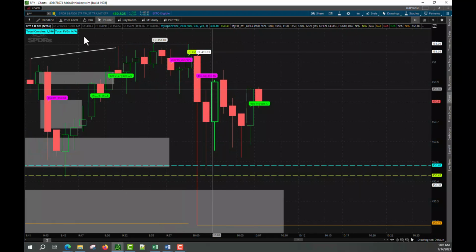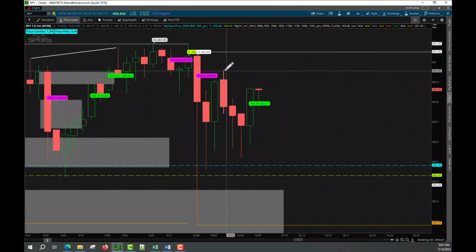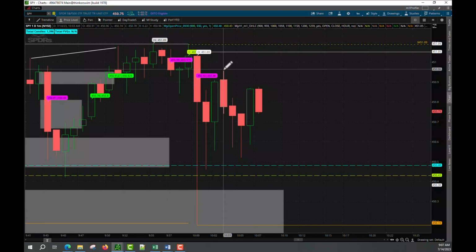And if we enter, then our stop block is gonna be here. Let's see, enter right here. Yeah, let's put our stop block right here. Right, enter right here.